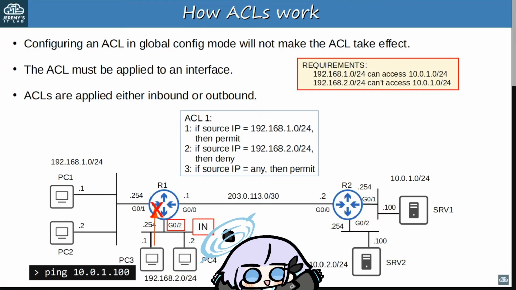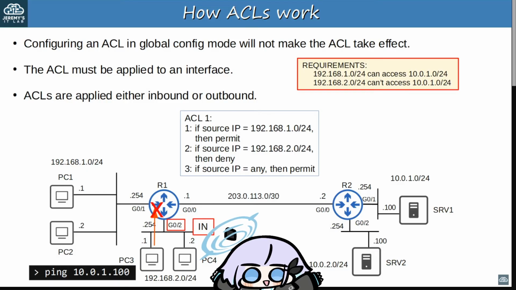As you just saw, R1 dropped the traffic from PC3. However, by applying the ACL inbound on G02, we are being too restrictive. This blocks hosts in 192.168.2.0/24 from communicating with all other networks outside of their local LAN. PC3 and PC4 can communicate with each other, but that's it. So this is not the best way to apply this ACL.